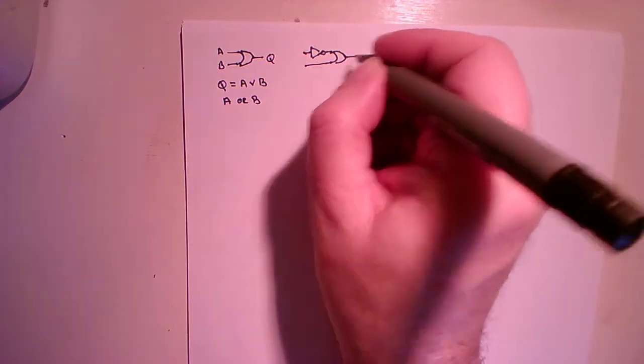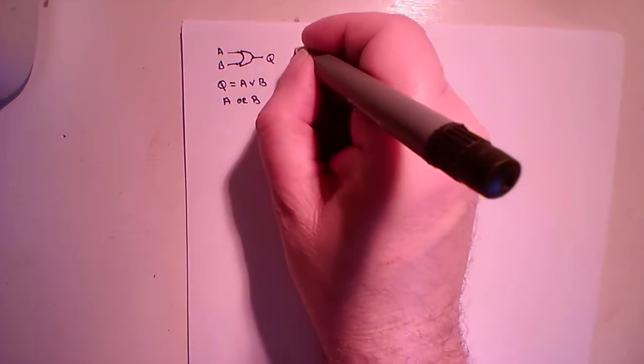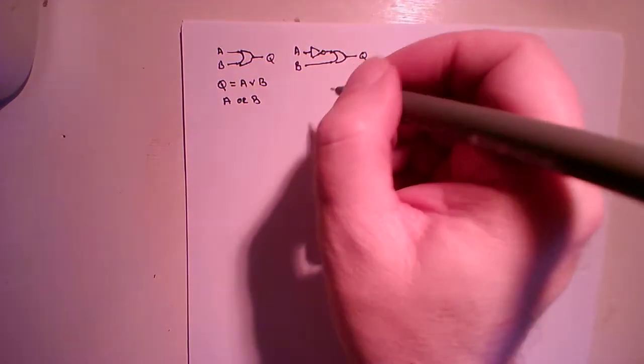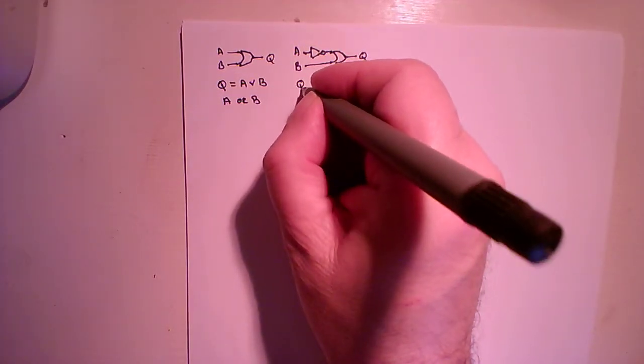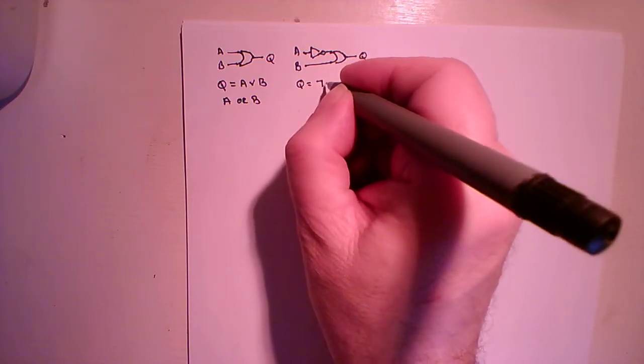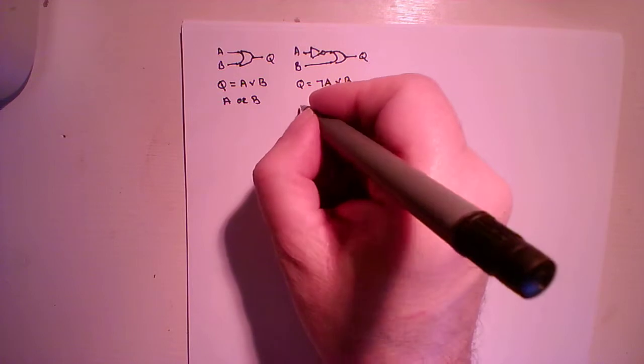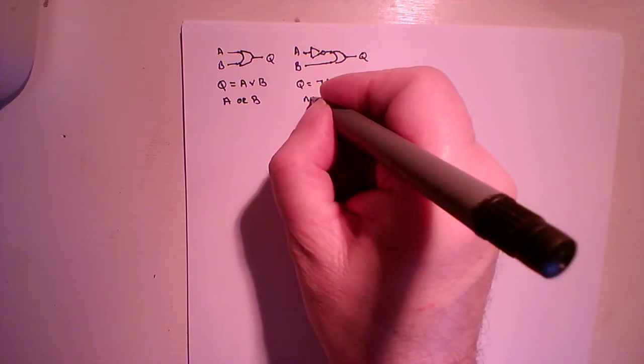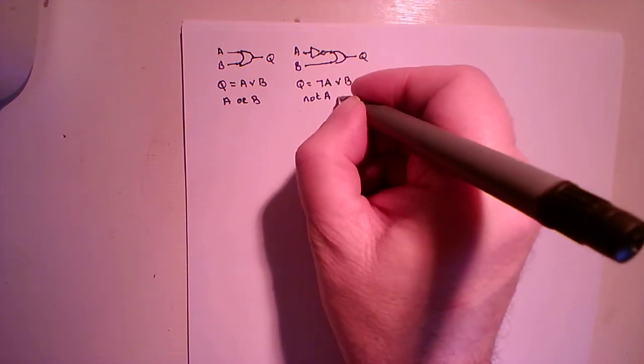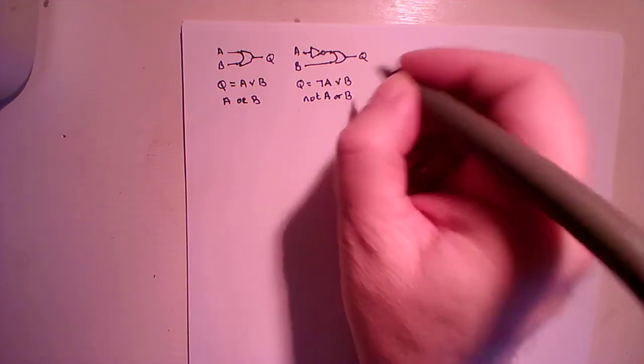Remember, this is an OR gate, and this would look like Q equals not A or B, and programming would be not A or B.